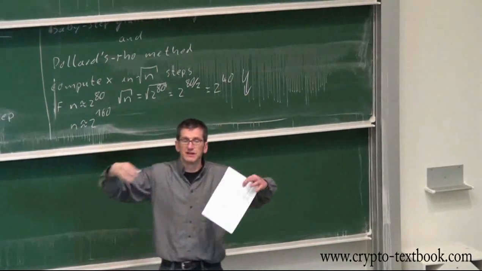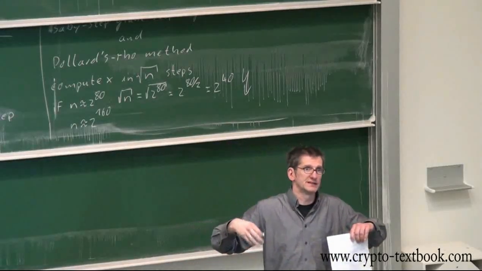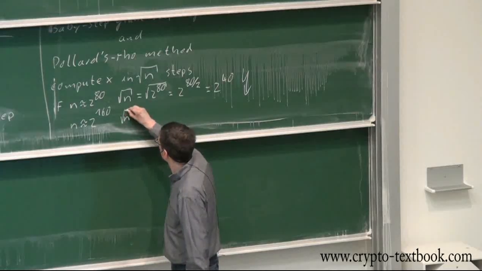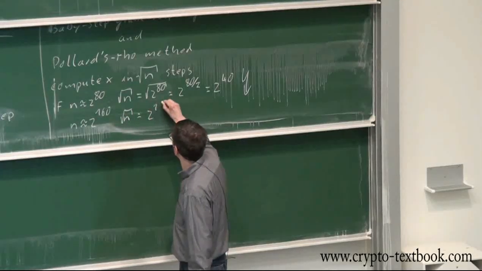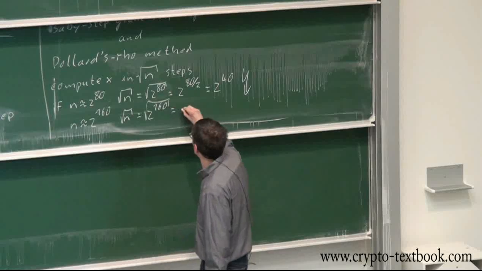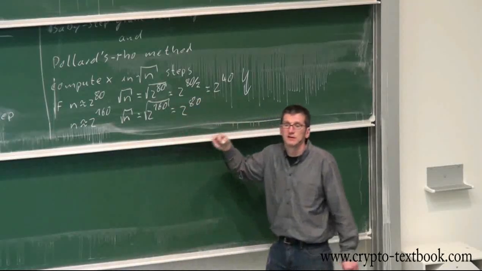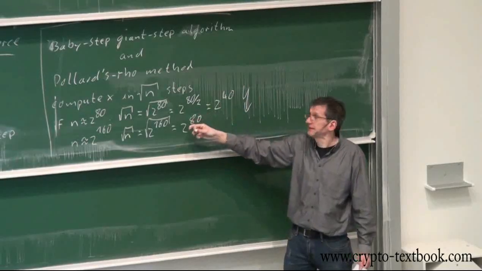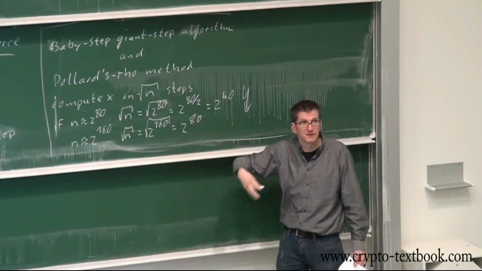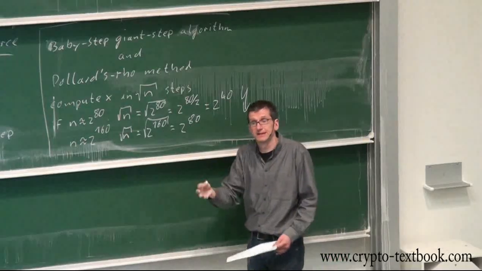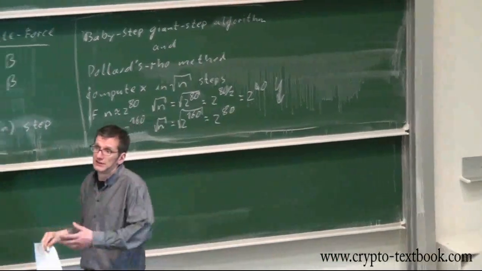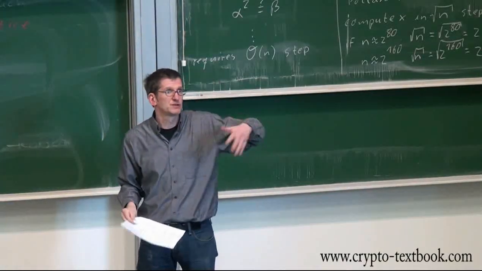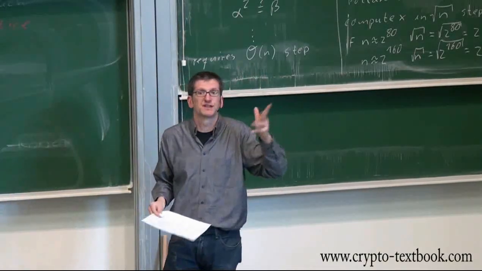If n is 2 to the 160, that means the group elements are represented by 160-bit numbers. We can attack it with the more powerful methods, but the best we can achieve is that the attacker still needs 2 to the 80 steps, and you can't do that, even if one step takes only 1 picosecond. 2 to the 80 picoseconds is still, I don't know, 1,000 years or something.